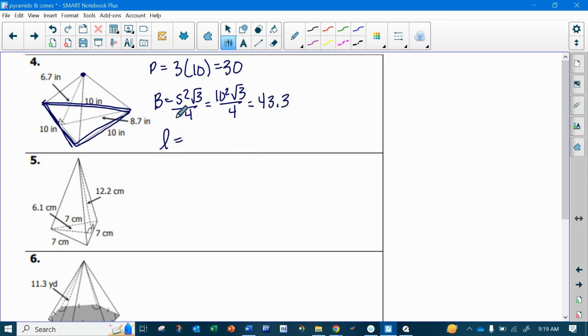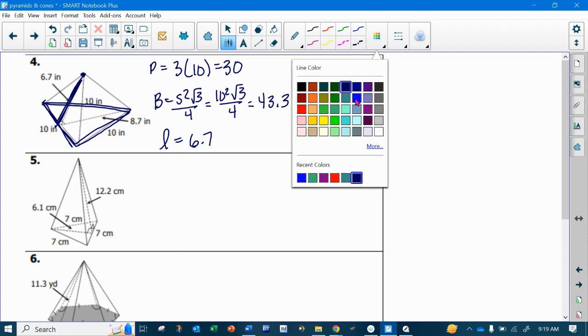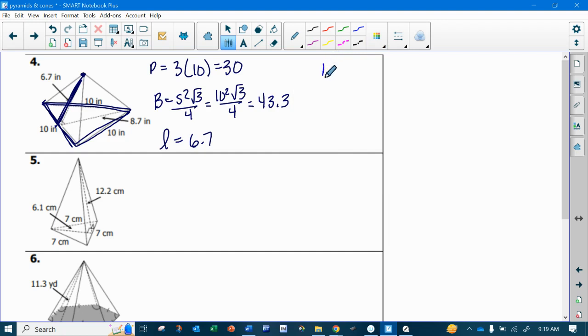And our slant height is given. Our slant height is always going to be the slanted edge of your triangle. So now I can find my lateral area. PL over 2. 30 times 6.7 divided by 2.